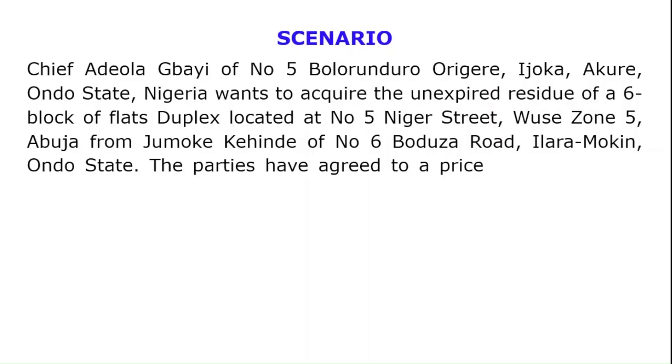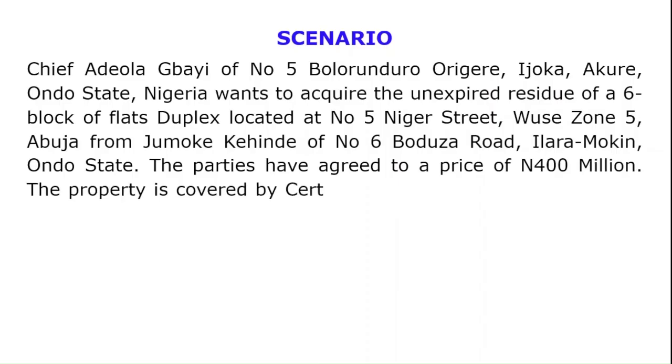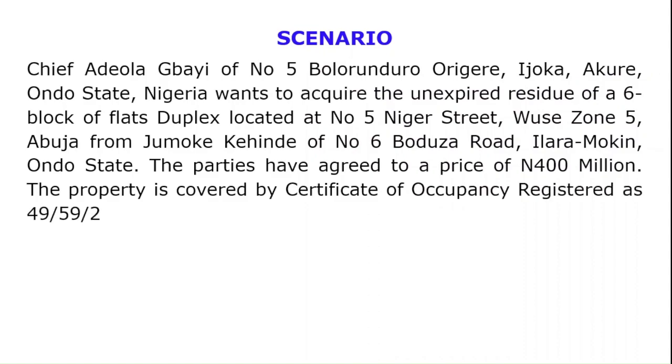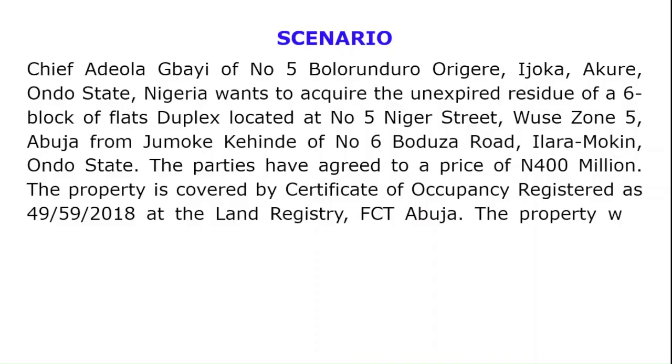The parties have agreed to a price of 400 million naira. That's big money. The property is covered by a certificate of occupancy registered as number 49, page 59, volume 2018 at the Land Registry, FCT Abuja.